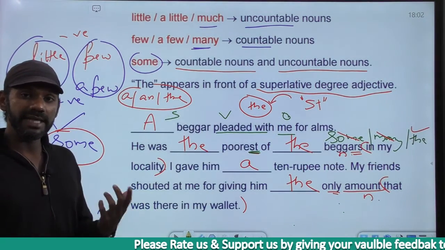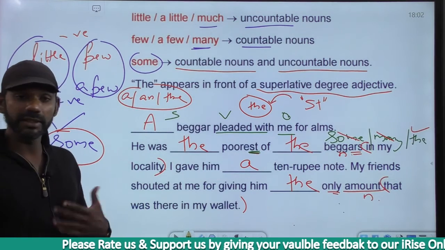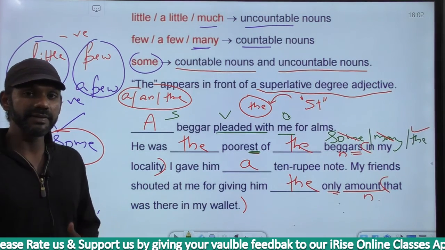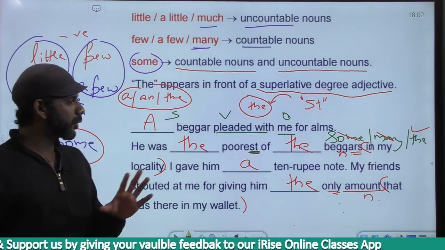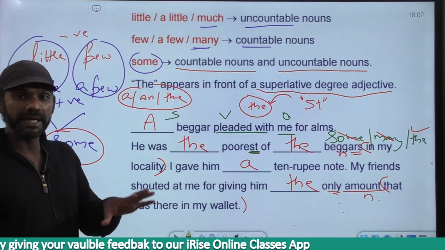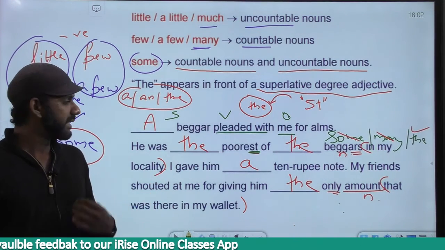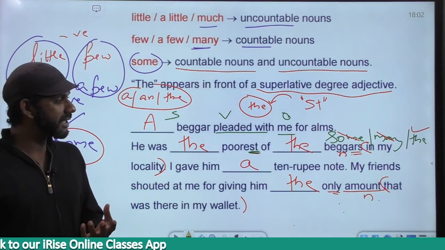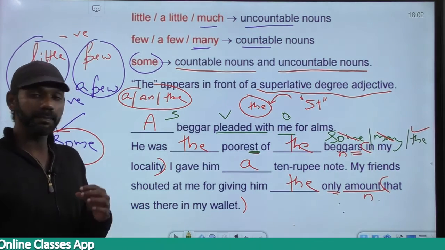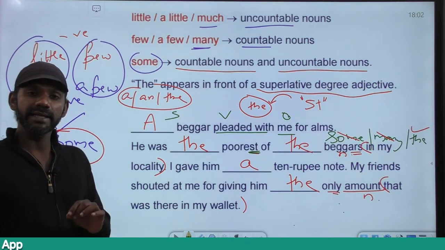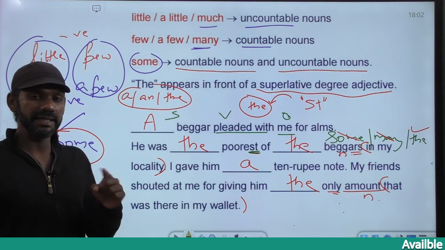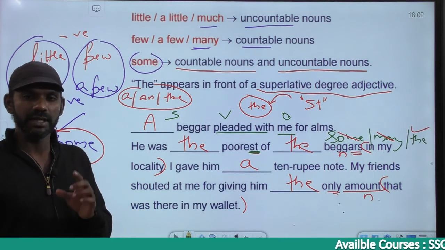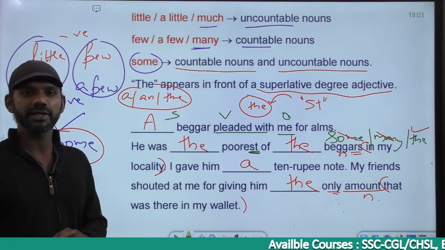We'll convert the same idea to the comparative degree form. He was the poorest of all the beggars in my locality is superlative. The same idea in the comparative degree form becomes, he was poorer than any other beggar in my locality. Any other beggars is a wrong usage. Poor is a positive degree adjective.